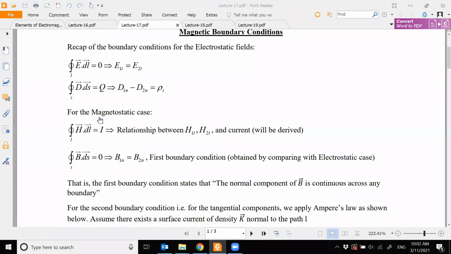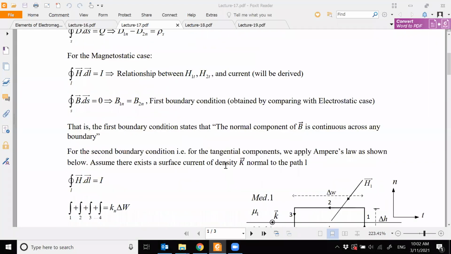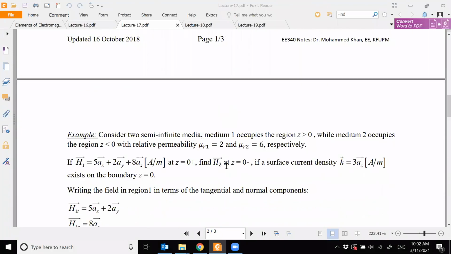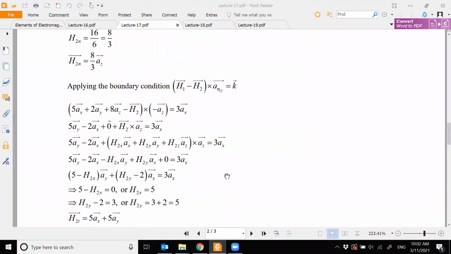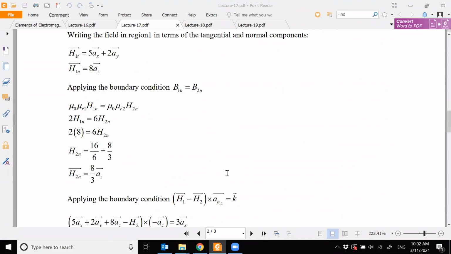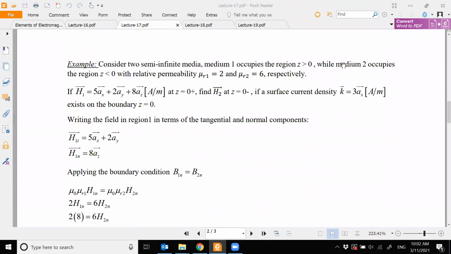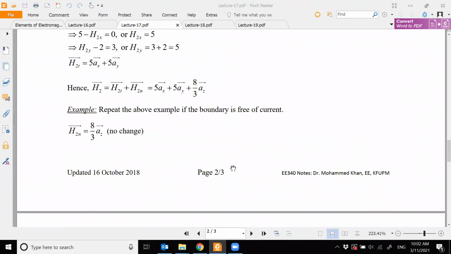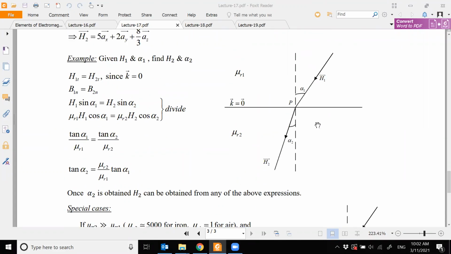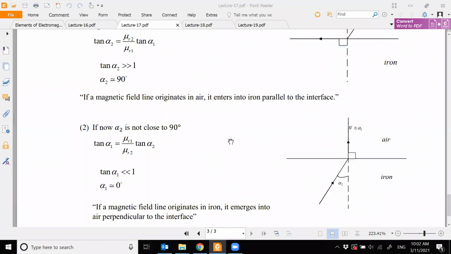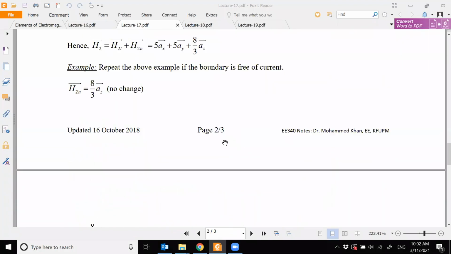These were obtained from Ampere's law and from Gauss's law of magnetic field. And we looked at an example of how we can apply the magnetic boundary conditions to both an interface which is carrying a surface current and an interface which is charge free. We also looked at how to find the angles of the magnetic field vectors if the angles and the magnitude of the vectors are given to us. I think this is what we did in the last class.